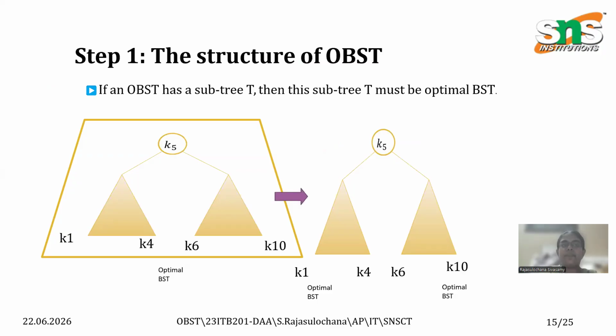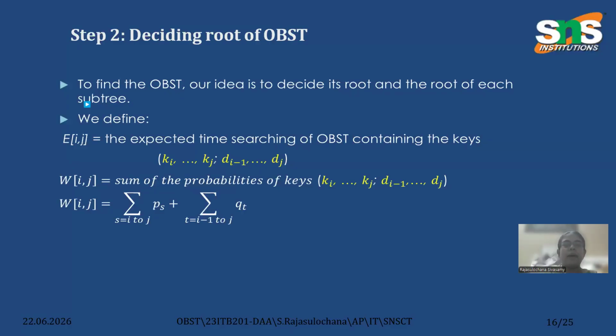If it is an OBST, then any subtree in it should also be an optimal binary search tree. You have to decide the root of the OBST, which is the major process. In order to find the OBST, you have to decide its root and the root of each subtree as well.